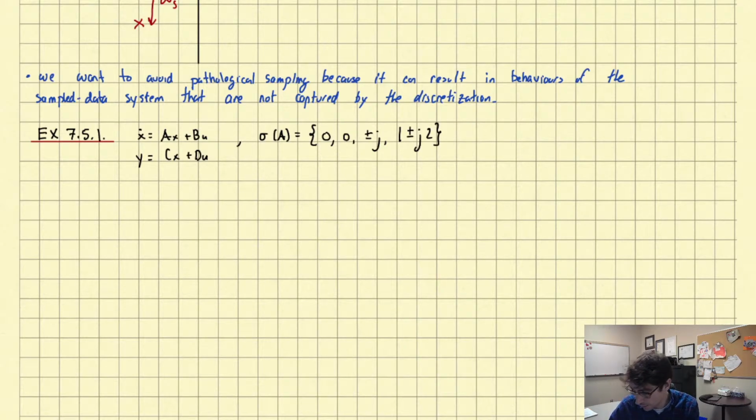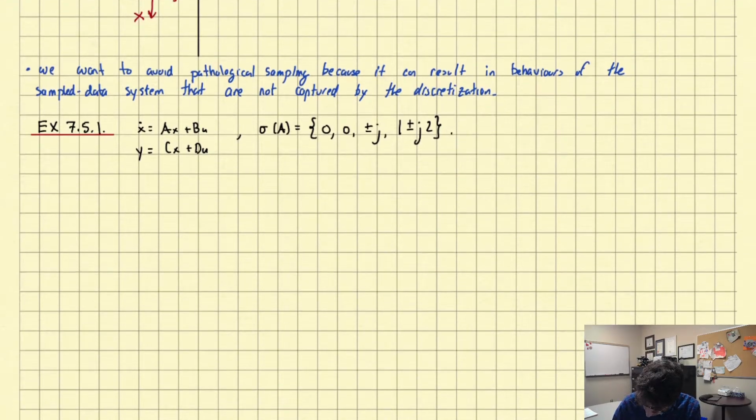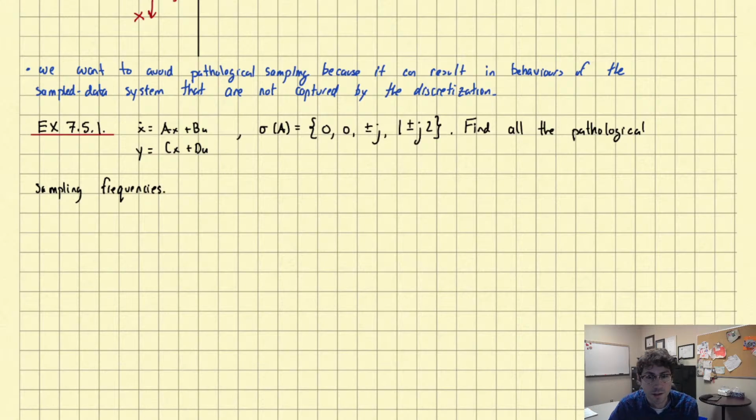Right? So those are our eigenvalues. We want to characterize or find all of the pathological sampling frequencies for this system. Okay, that's what we'd like to do in this example.